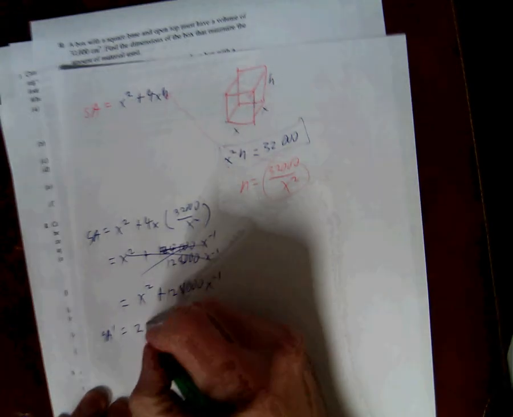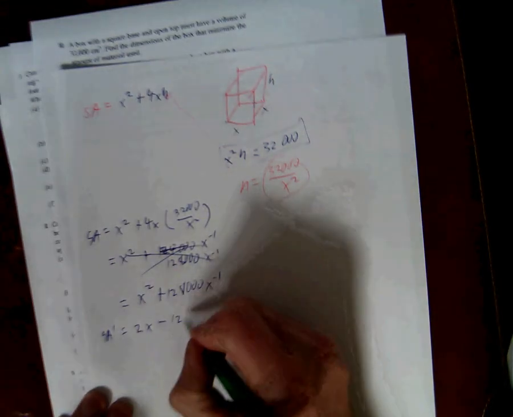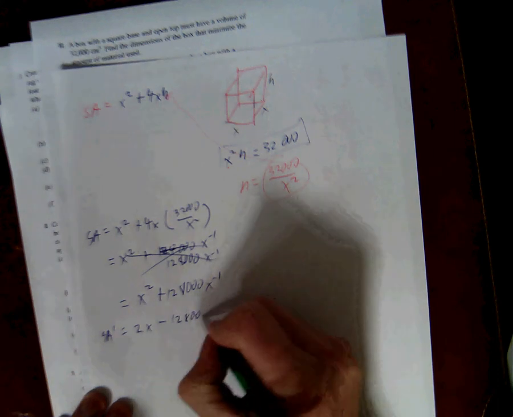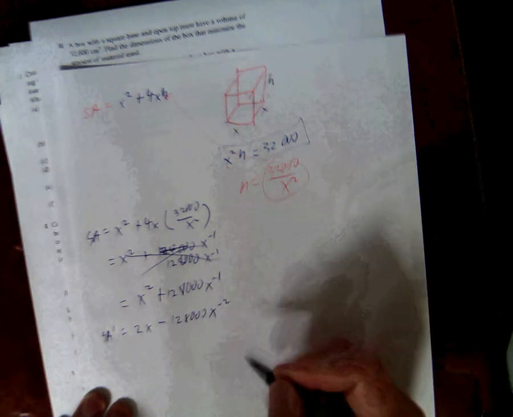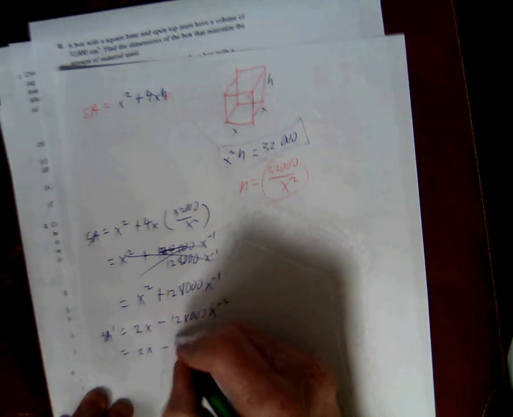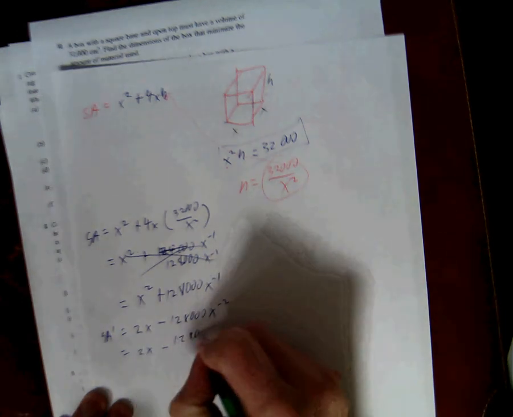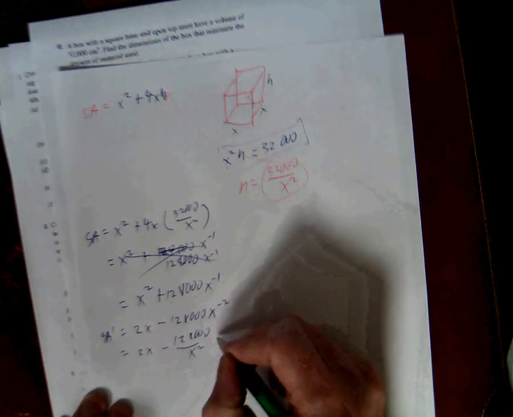Now I've got my surface area, so I can do my calculus stuff, which means take the derivative. I get 2x minus 128,000 x to the negative 2, that's 2x minus 128,000 over x squared.